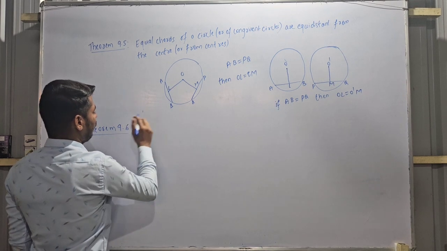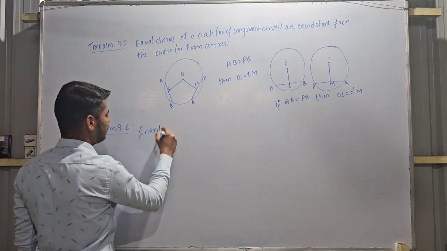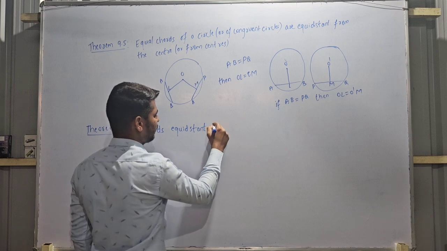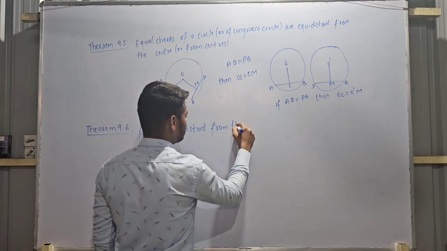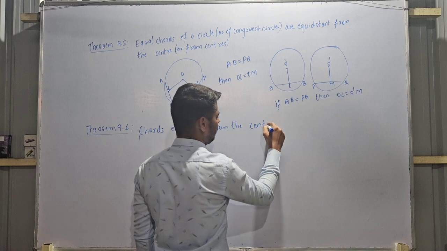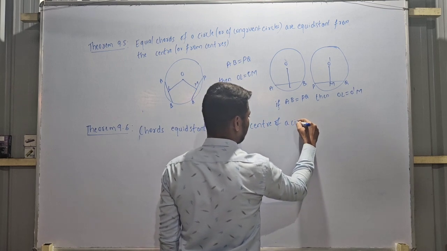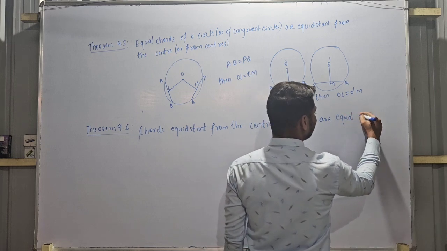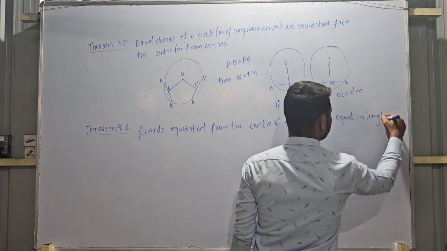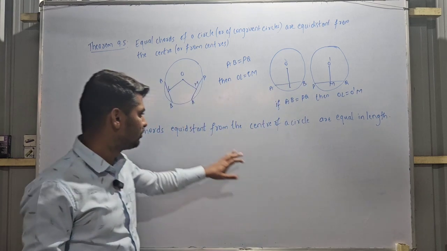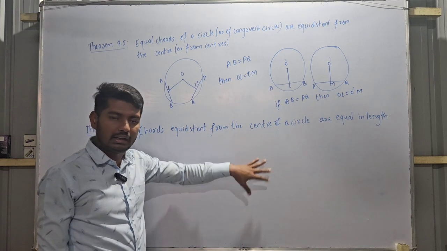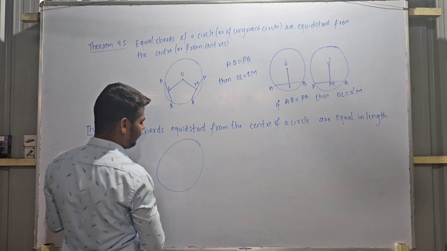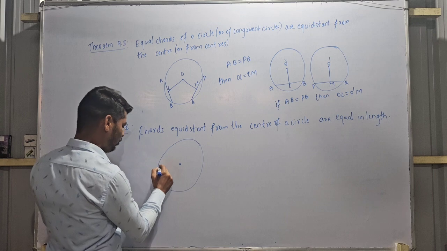Chords equidistant from the center of a circle are equal in length. The reverse statement, again the same circle, if we take the center, we take two chords.